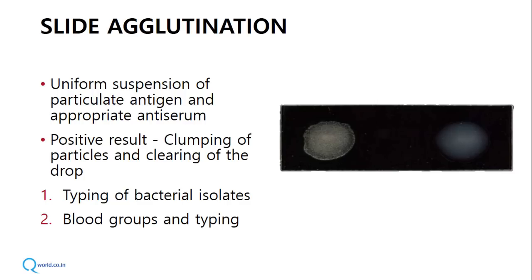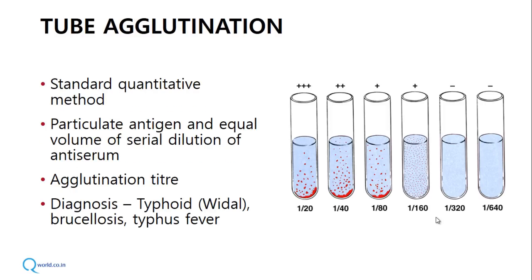Then we rock the slide for a few minutes, and the positive result is seen in the form of clumping of particles and clearing of the drop, and we get a milky homogeneous suspension if it is a negative result. This method is widely used for typing of bacterial isolates. It is also used in blood grouping. So yes, slide agglutination is widely used today.